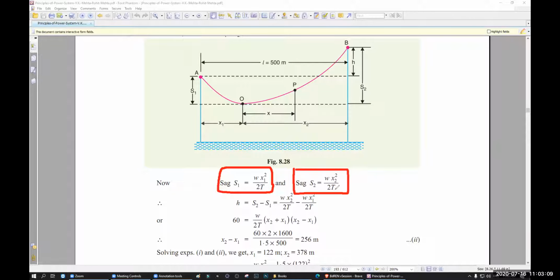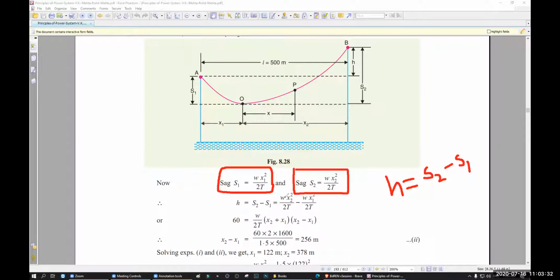Okay? Those are the formulas that we already know. Here, H is equal to S2 minus S1. So we'll put it there. H we already know is 60. S2 minus S1 is Wx2 square divided by 2T minus Wx1 square divided by 2T.